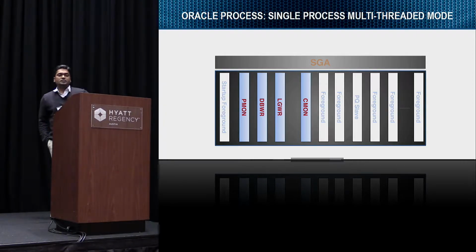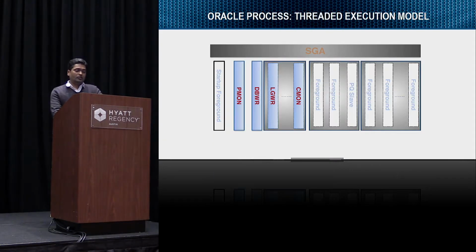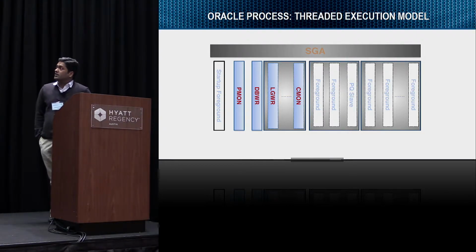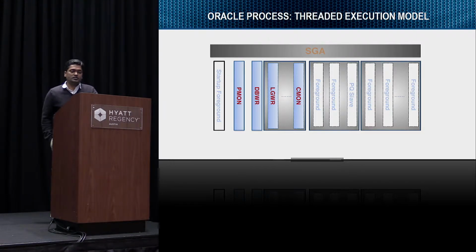Then we have this single process multi-thread model where all the Oracle processes are like threads running in a single container process. This is what Windows does. And we also support something called a multi-process, multi-threaded model where a group of threads, Oracle processes, run under an OS process.